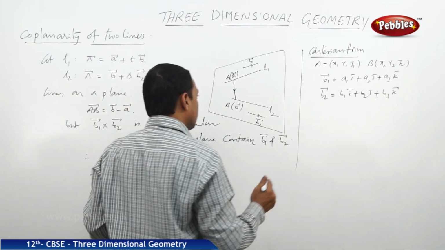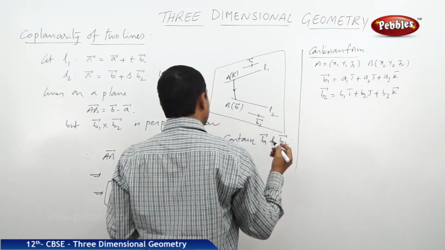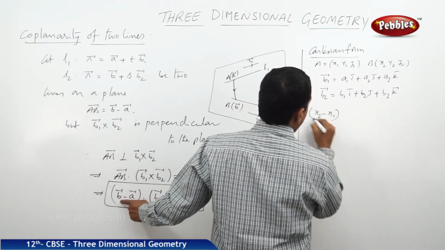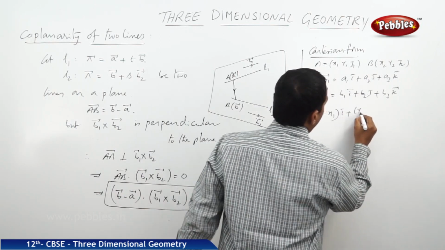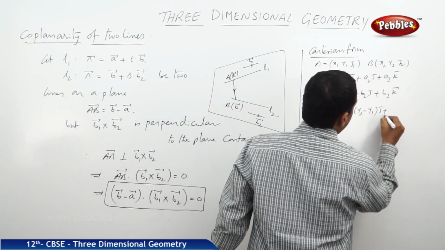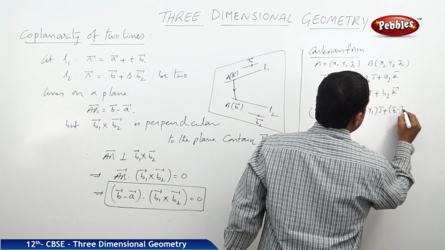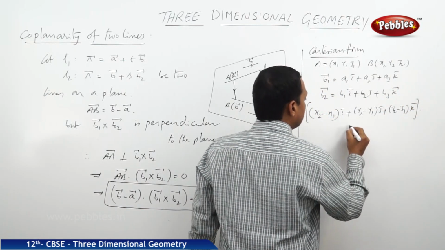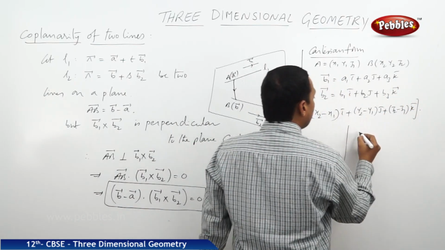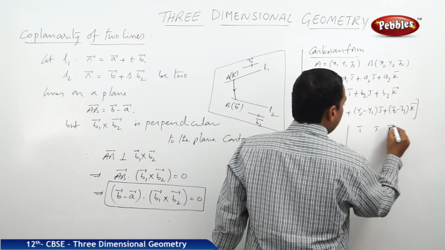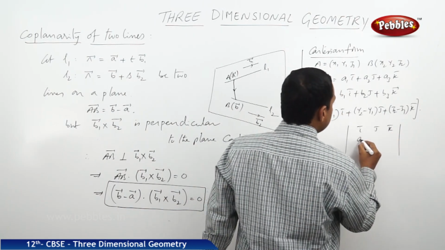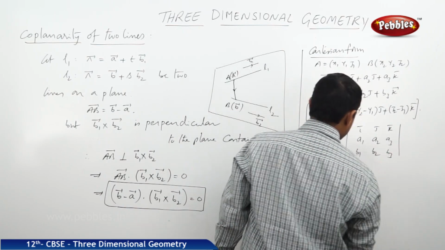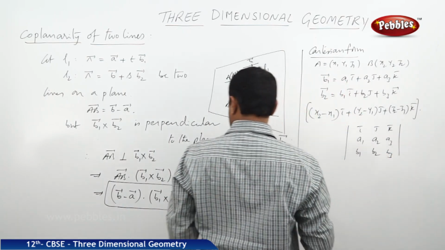So now let us write that b minus a: x2 minus x1 i vector, y2 minus y1 j vector, z2 minus z1 k vector dot. Now b1 cross b2: i j k, a1 a2 a3, b1 b2 b3, is equal to 0.